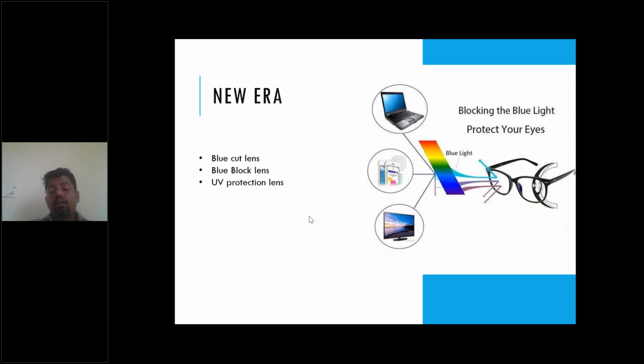The shorter wavelengths, which are closer to the ultraviolet rays, are cut by these blue cut lenses, so that the harmful blue light does not pass inside our eyes.